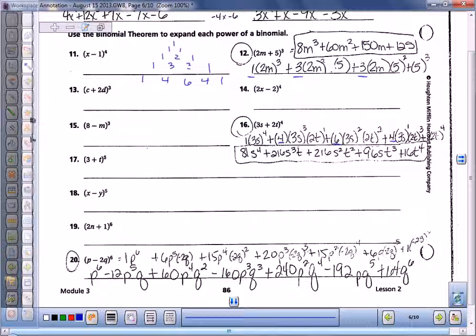Miss Willoughby, Pascal's triangle is just for coefficients, right? Or is it also for the exponents? It's for expanding binomials. You just put 1, 4, 6, 4, and work down. Those are your coefficients, and the exponent goes up from 0 to the first term.